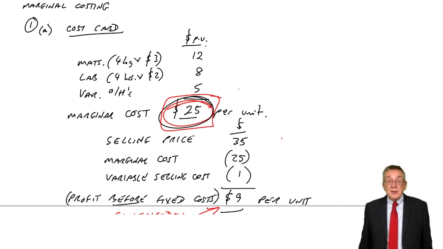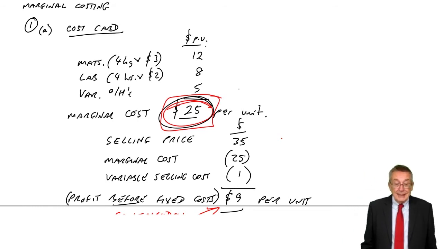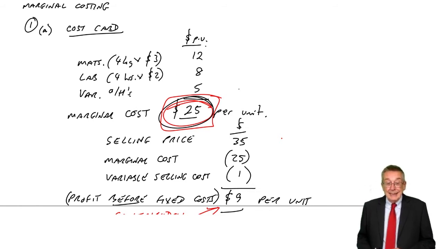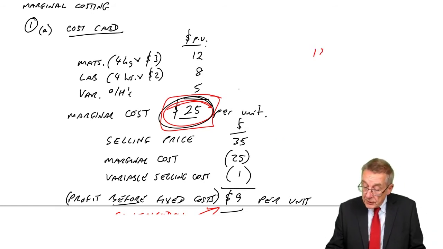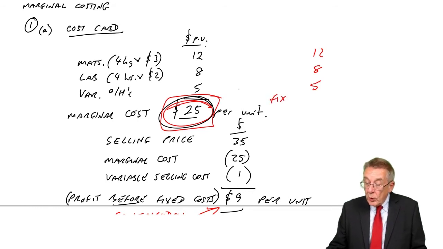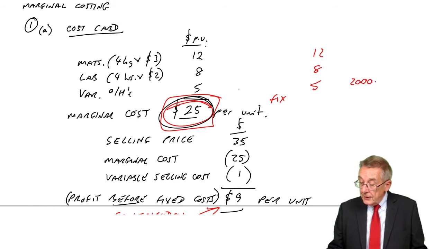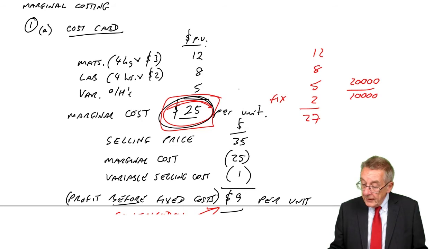But if you look back to absorption costing, we value at the full cost of production. We bring in the fixed overheads of production. And with absorption costing, we got 27. You see, materials were 12, labour was 8, variable were 4. We brought in the fixed production costs. It was 20,000, on average 10,000 units, $2, it was 27.